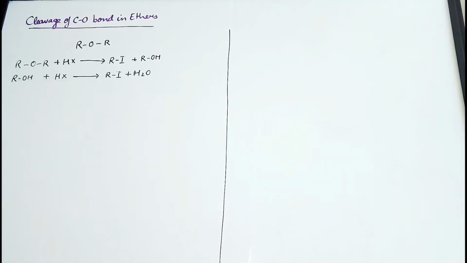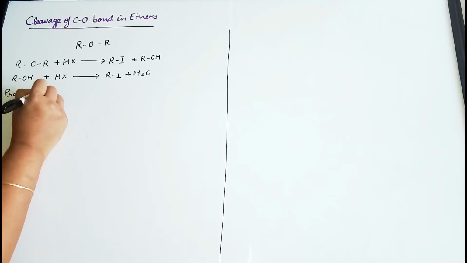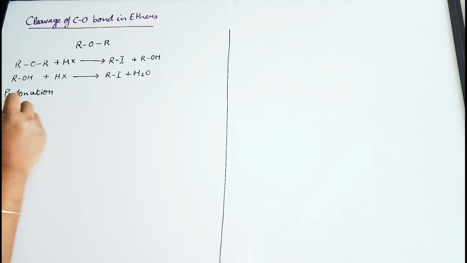Now let's look at the mechanism of this particular reaction. So the first step would be the protonation. So first step, you have protonation of ether. Here we have an unsymmetrical ether.